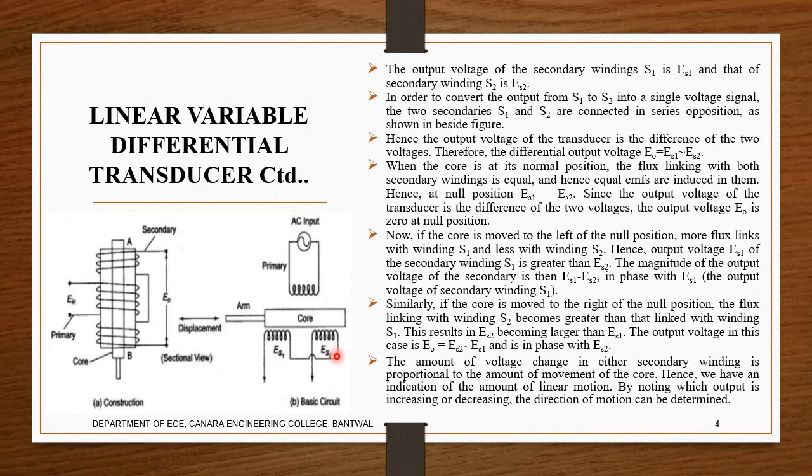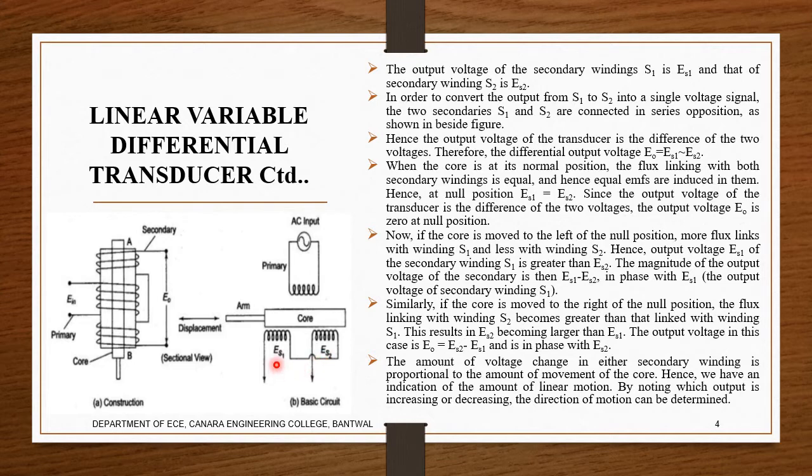So at that time the magnitude of the output voltage, ES1 minus ES2, is in phase with ES1, so we can say it is positive. Similarly, when the core is moved to this side, the flux linking with the winding S2 is greater than that linking with the winding S1.